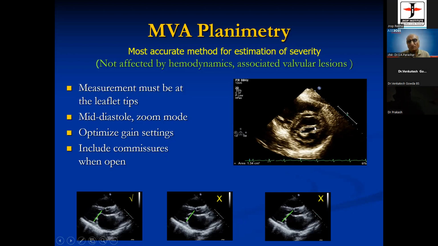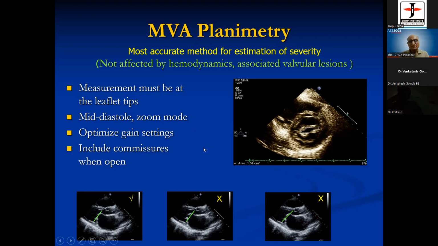When the commissures are open, for example, this commissure is open, the commissures have been included in the planimetry. So this is how you get a mitral area. Remember, again, I repeat, you'll understand it much better when a live demonstration is shown to you. But remember, it is the most accurate method, not affected by any other lesions.